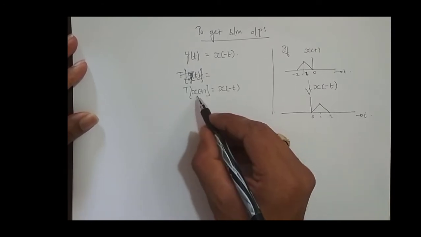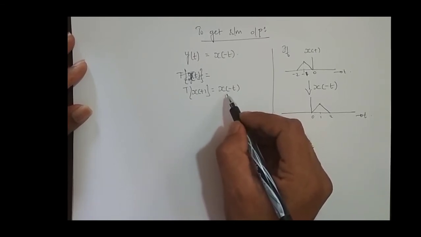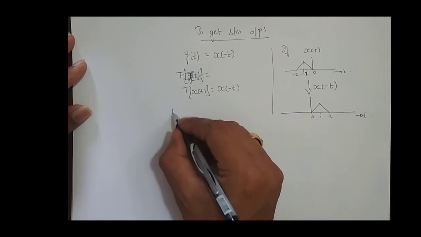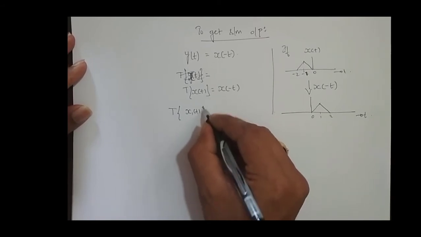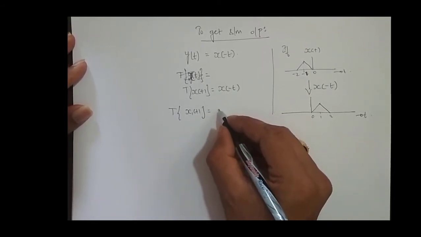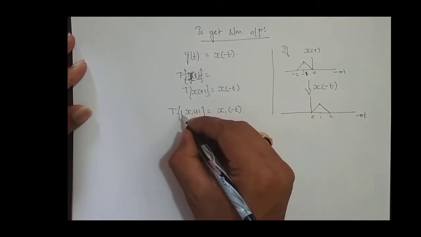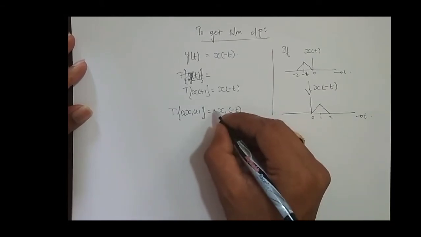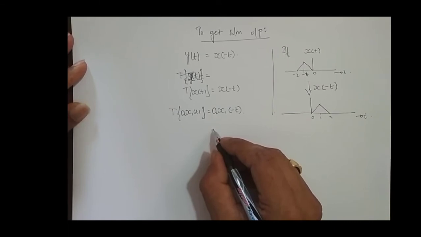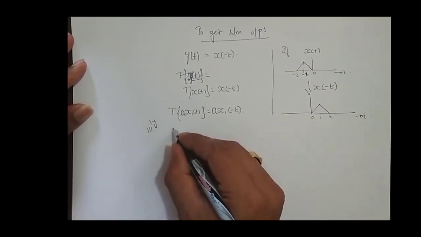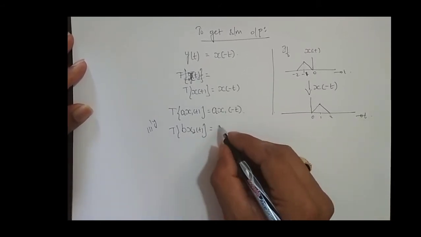So what did I say? Whatever input we feed, the output is nothing but its time reversed version, right? So if we feed x1 of t to the system, what is the output? It is x1 of minus t, its time reversed version, right? If I feed a scaled version of x1 of t, the output is also the time reversed version of the scaled x1 of t, right? Similarly, if I feed b times x2 of t, what is the output?